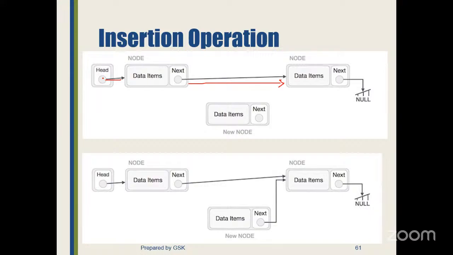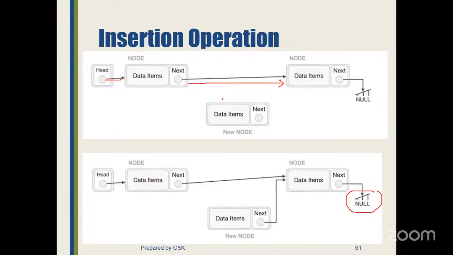And head node has a pointer to the next node. In the same way, this node contains the pointer to the next node and so on. And coming to the last node, it has null because that is the last node. No node is available after that. That's why the link of the last node is null.